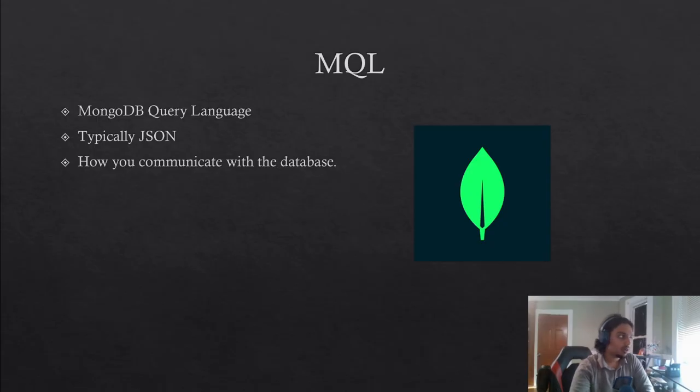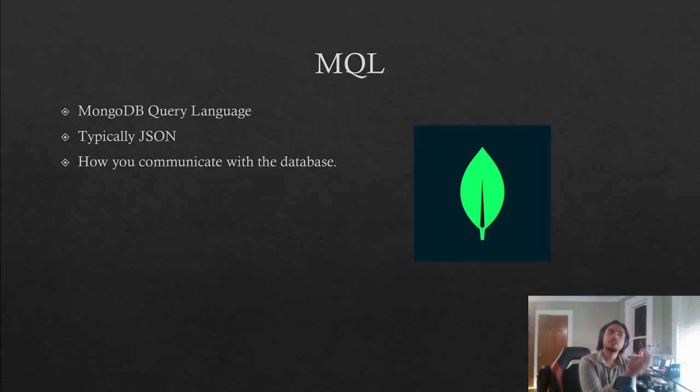MQL is the MongoDB query language. This is essentially the language of how you store data in MongoDB. Typically it can be in a JSON format. When we hard coded some data to test our website, it was in a JSON file that we uploaded to Atlas, and that was then MQL.